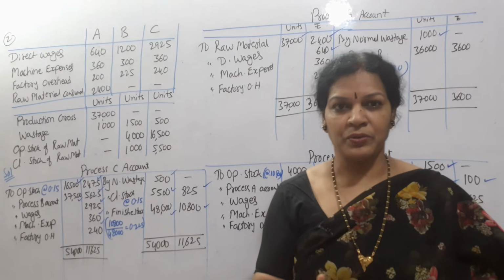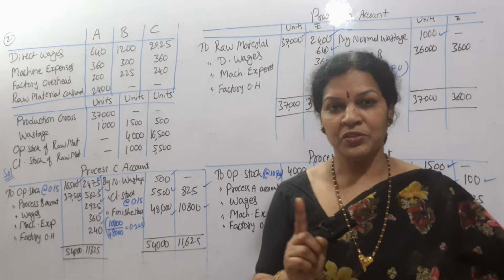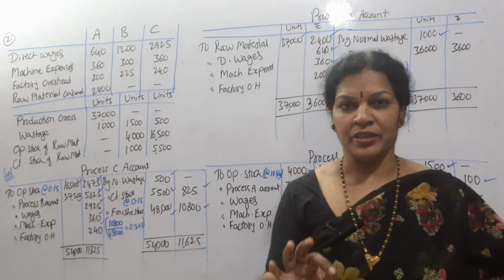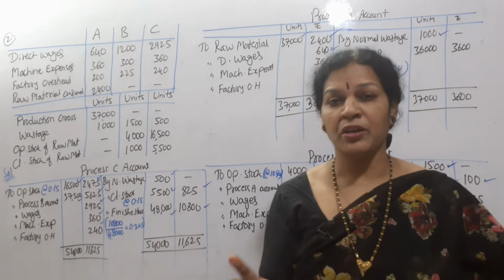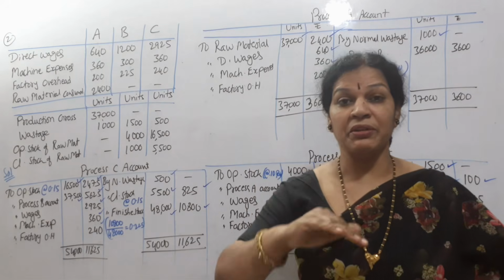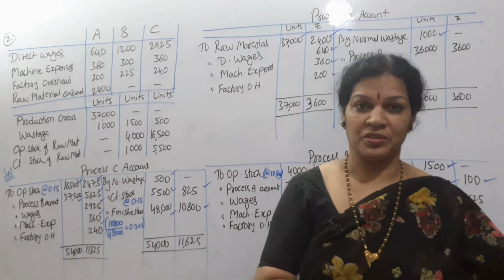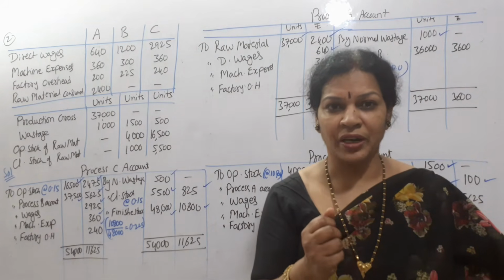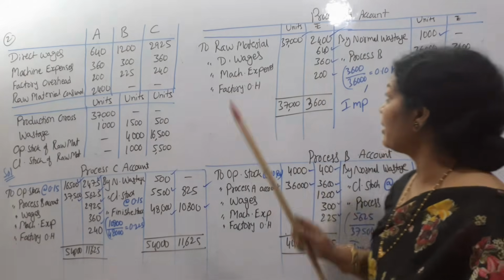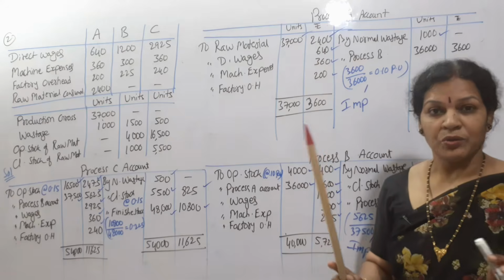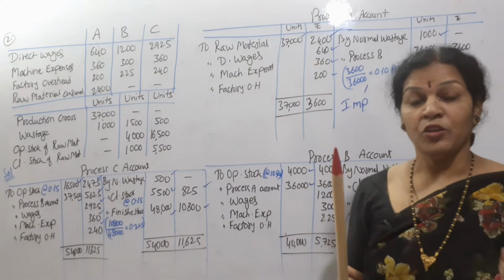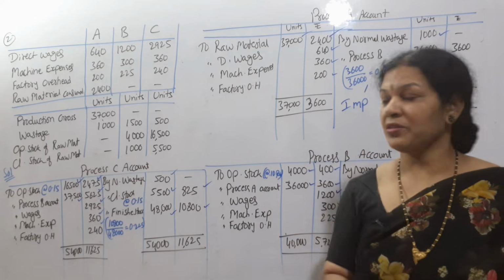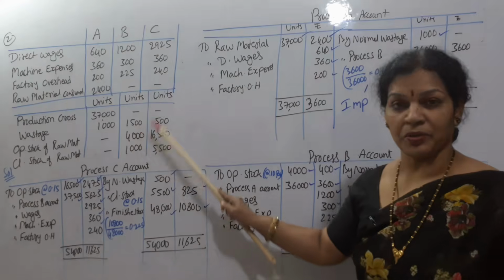Generally, always remember, opening stock and closing stock will be given from the second process onwards, not in the first process, because the first process will start with the purchase of the material, so no opening stock. That is why you will find opening stock and closing stock in the second and third processes, as here.